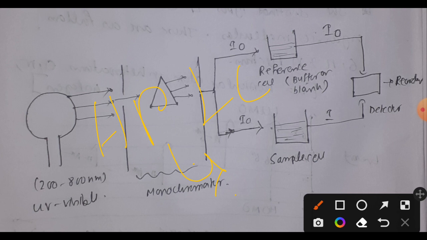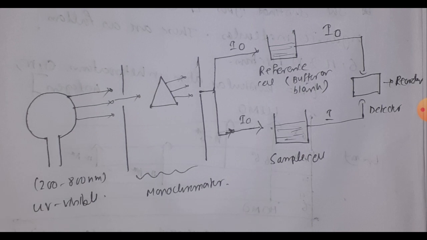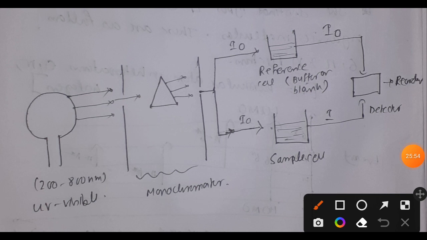It can also give you the concentration of the sample, because remember, suppose you are determining a protein and the protein shows absorption maximum at 200 nanometer, but you have used a high amount of protein, then the absorption maximum will be the same, but the absorption will be more intense.